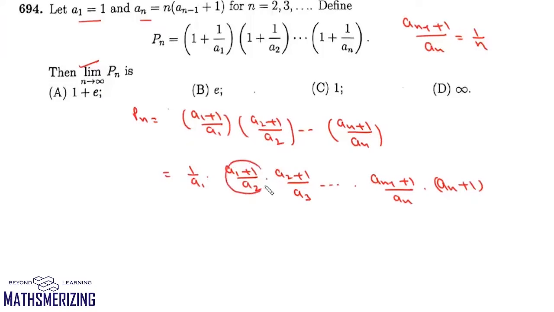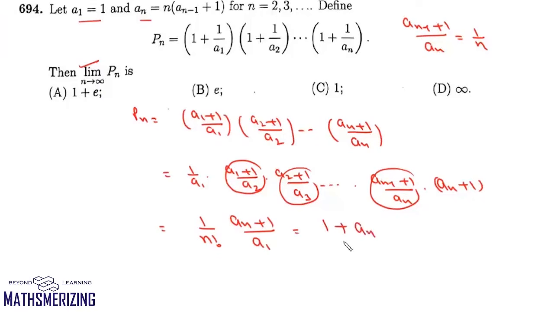Now this is 1 by 2, this is 1 by 3 and this is 1 by n. So we can write this as 1 upon factorial n, (an plus 1) upon a1. Now we are also given that a1 is 1. So we can write this as (1 plus an) upon factorial n.